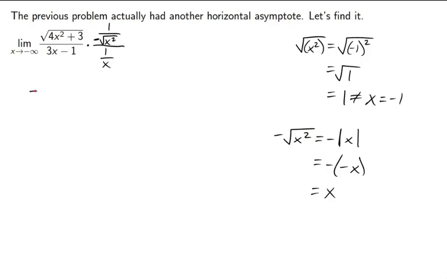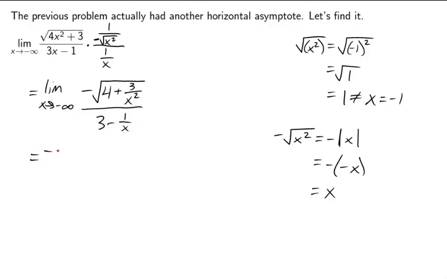With that said, we get the limit as x approaches negative infinity. The negative sign is on the outside of the square root and will stay on the outside of the square root. 4x squared divided by x squared is 4. We get plus 3 over x squared. And the 1 over x still gives me 3 minus 1 over x.